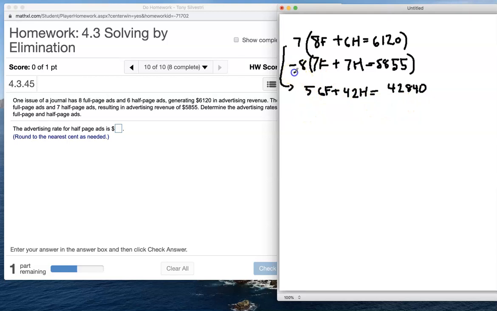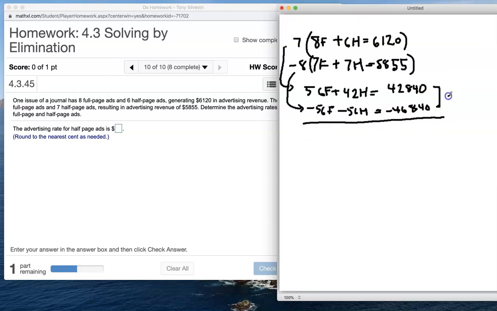The bottom one now is -56F minus 56H is equal to -8 times 5855. 5855 times -8 is a negative 46,840.